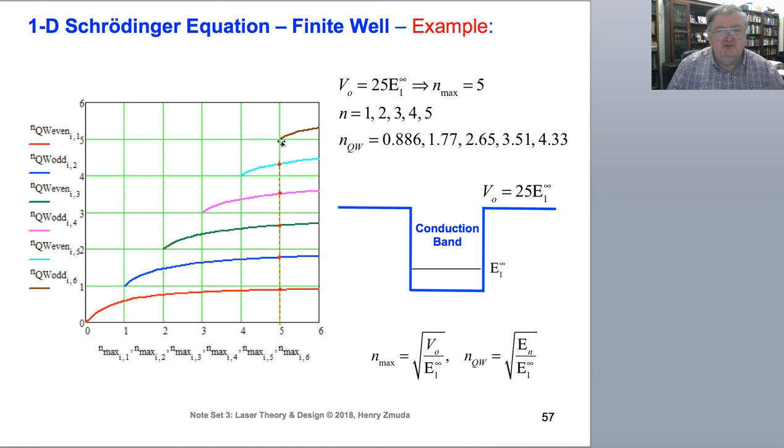Most people would say that was not a solution because that's when n quantum well is going to equal n max, and that means you have an electron that's sitting right at the very top edge of the conduction band. So even a little bit of thermal energy is going to pop it out of there, and that electron's going to be gone. So nobody would accept that as a solution, even though mathematically it satisfies the equation, but my equation doesn't take into effect thermal noise that will change things a bit. So that's why there are 1, 2, 3, 4, 5 solutions in the well.